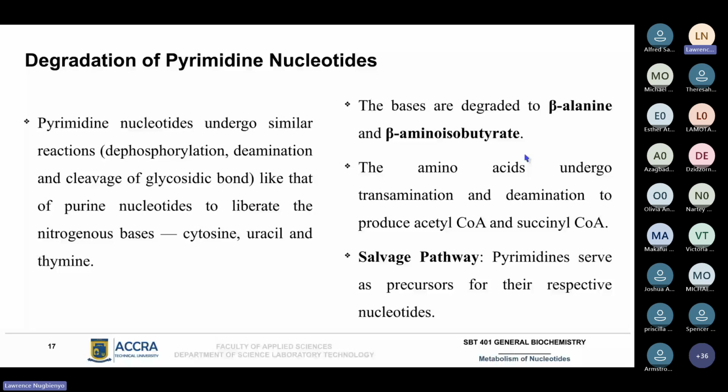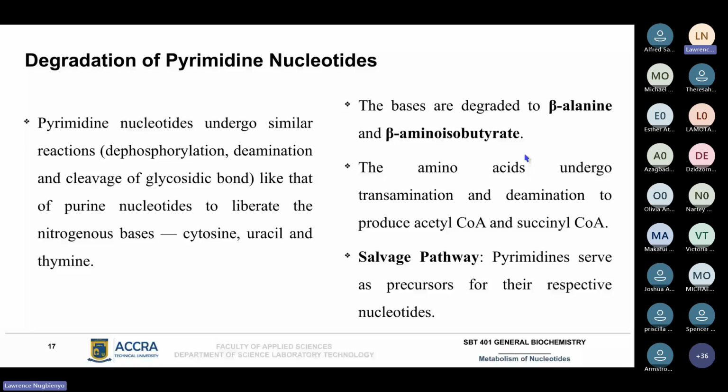So as they get broken down, they break down into amino acids, and then these amino acids undergo processes of transamination, deamination, and then the carbon chain will go into the production of acetyl-CoA, succinyl-CoA, which will then go into the TCA cycle that we saw when we were dealing with the metabolism of carbohydrates.